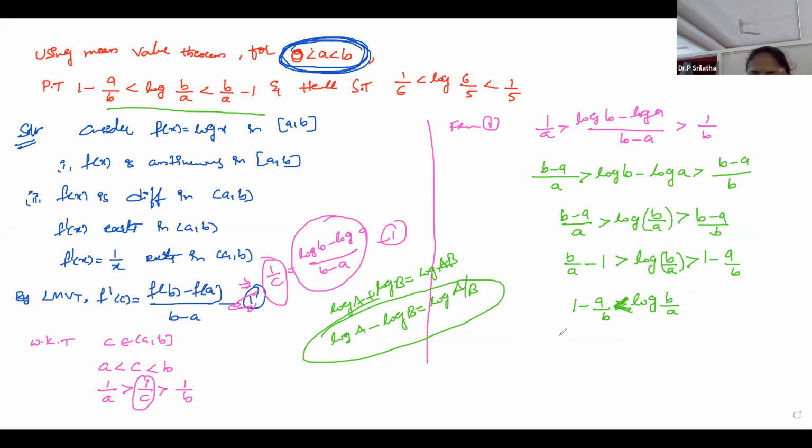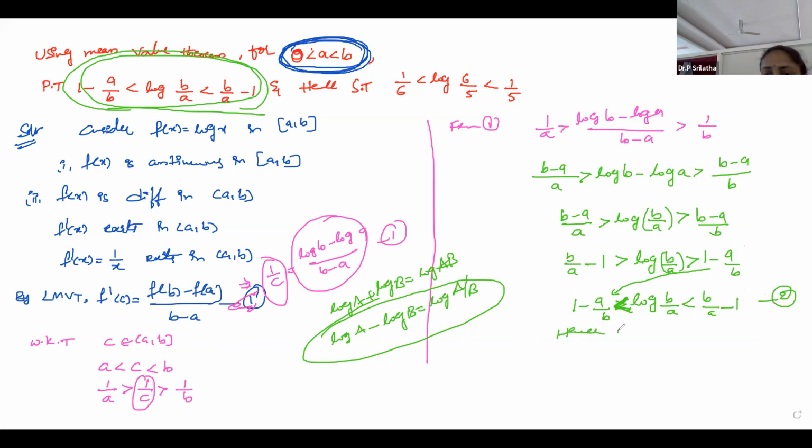If you write in the reverse direction, the symbol will change. So 1 minus a by b is less than log of b by a is less than b by a minus 1. So hence proved this condition. Let us consider this as equation 2.